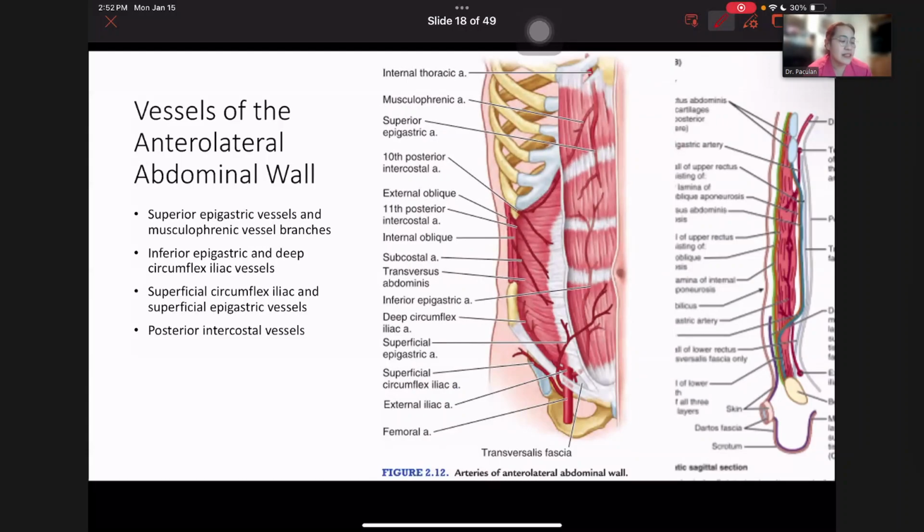So you can see here your superior epigastric artery, your inferior epigastric artery, your superficial circumflex iliac artery, and your superficial epigastric artery.